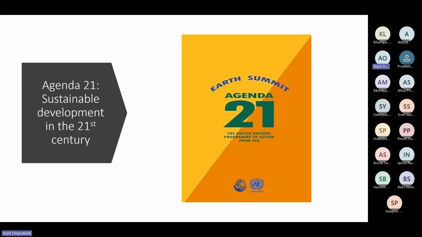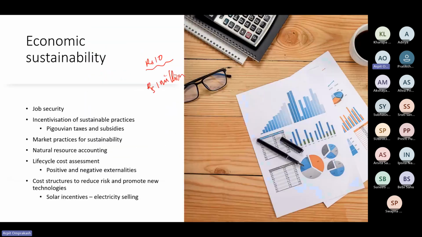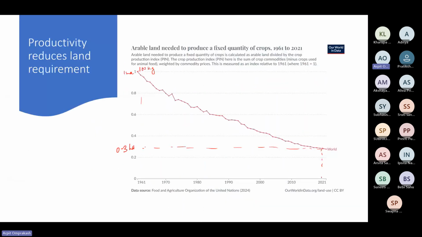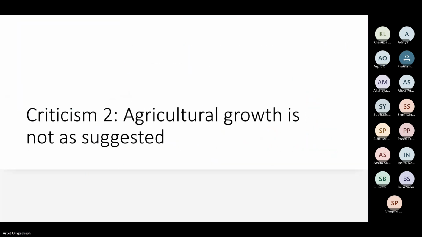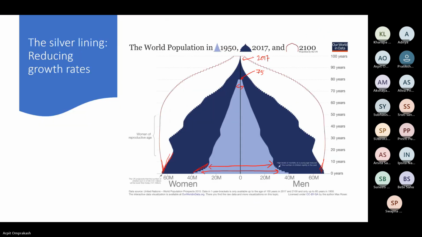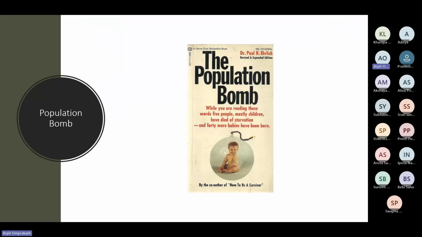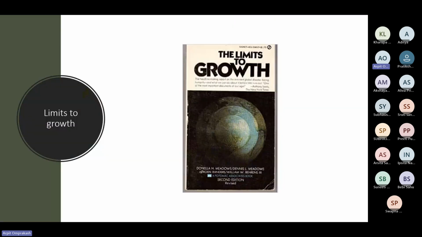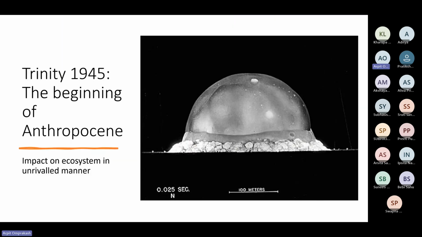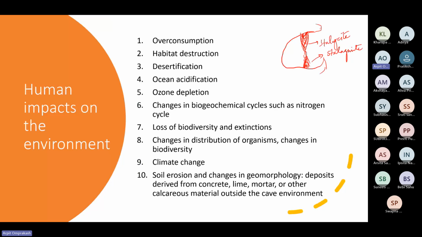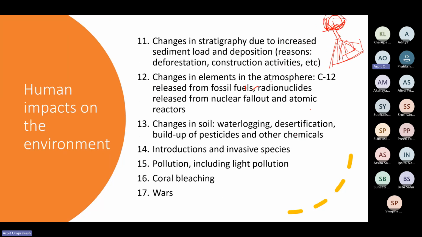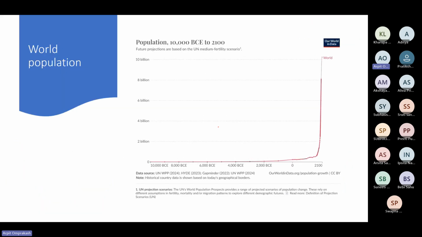So that's it for this week. We first talked about how we humans are impacting the earth more and more, what the different ways are in which we impact the earth, and how we can quantify that.